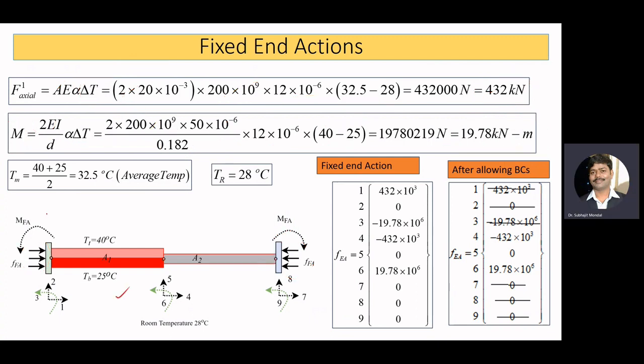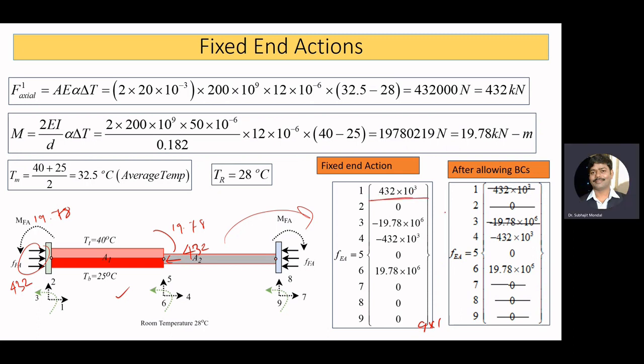For this element, the moment is 19.78 and the axial force is 432, and here 19.78, and the axial force here 432. Now we can write those values in a vector form like this. So here we'll have a vector of size 9 by 1.